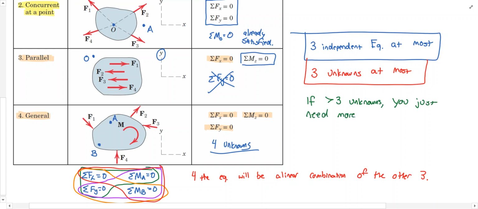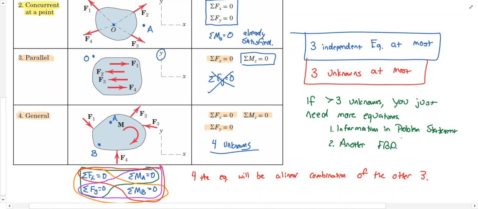And they're going to have to come from either information in the problem statement. That's a commonly overlooked place. Or another free body diagram. If you draw another free body diagram, you will get three more equations that you can write. And it's possible that will help you.